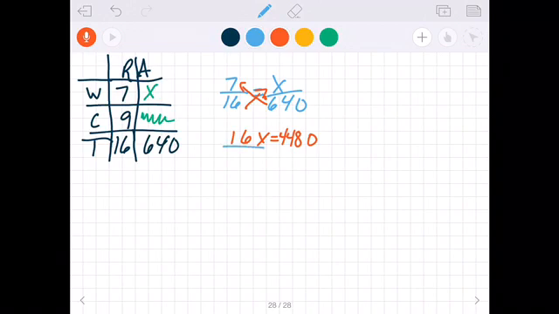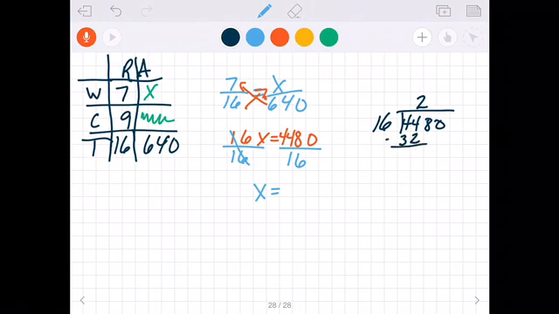We need to divide both sides now by 16 in order to get x by itself. So x equals, do the division. Let's do the division out to the side. 448 divided by 16. I know it's 4,000, but how many times does 16 go into 44? Well, at least twice, because 2 times 16 is 32. When we subtract, we get 12. So we did go high enough. Bring down the 8.